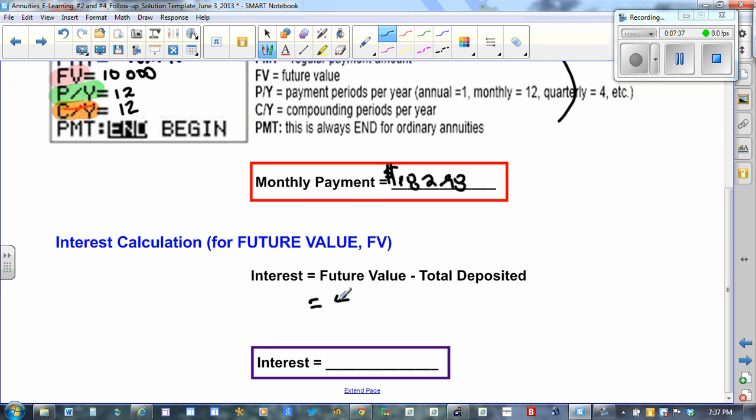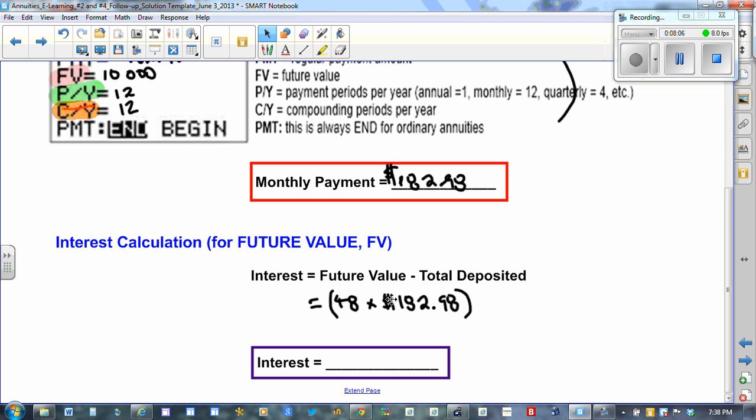So we made 48 deposits, and each deposit, right, correctly, is worth 182.98. That is rounded. Okay, so we'll do that first, and I'm just recognizing here that I'm a little bit off on what I should be doing.